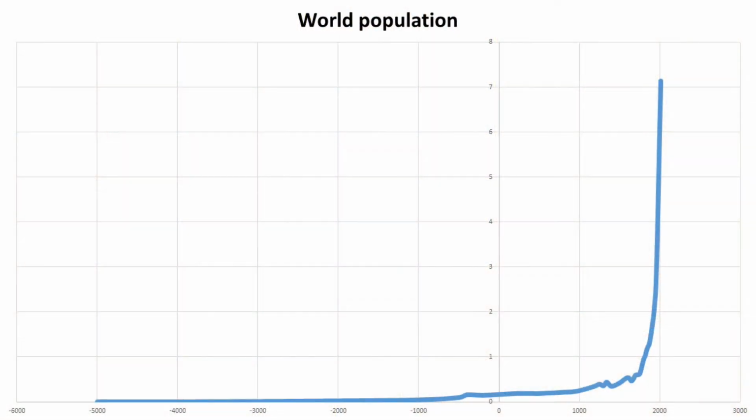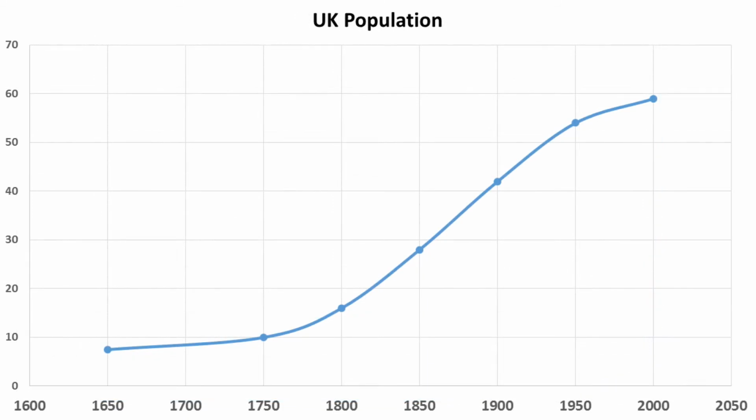So if we look at the population of the world, it seems to have been increasing exponentially and out of control. But if we look at a country like Britain, we see what looks more like a logistic curve. There was a spurt of population growth in the 18th and 19th centuries, which can be linked to the process of industrialization, and which is now running out of steam.